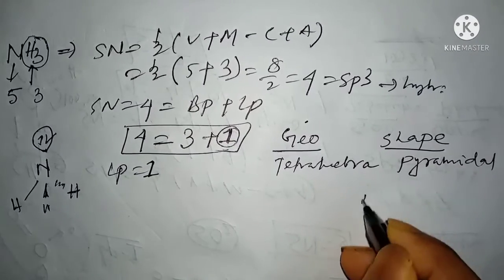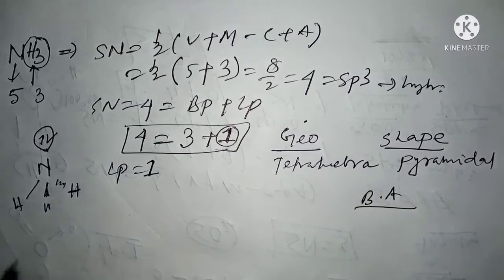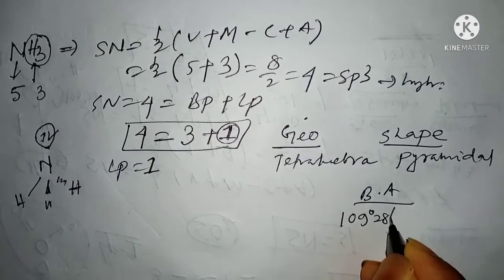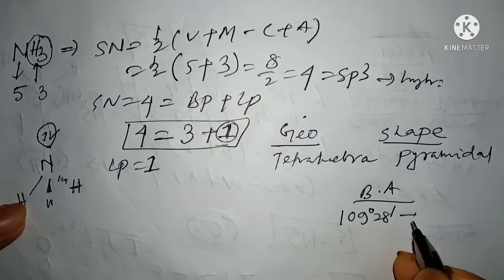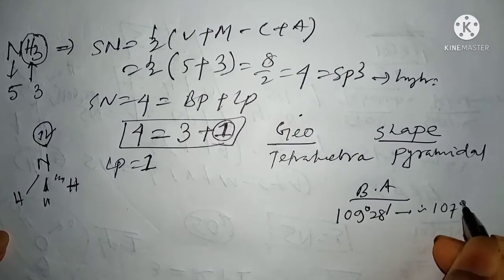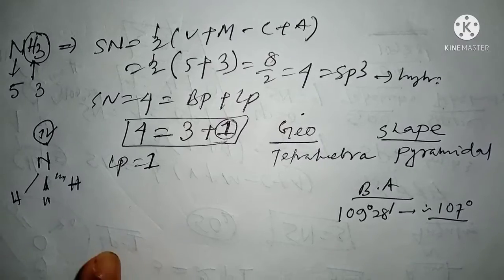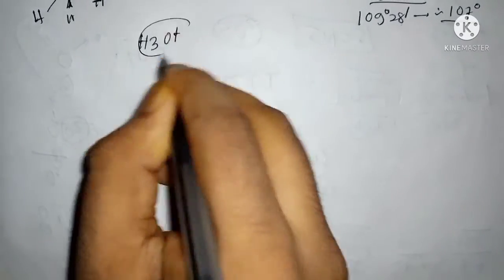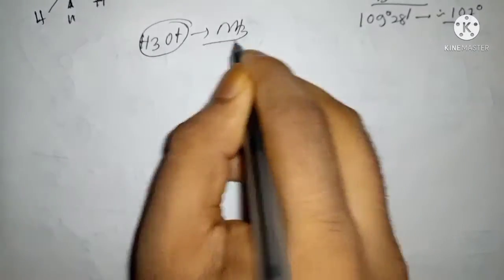In the tetrahedral case the bond angle is 109 degrees 28 minutes, but in ammonia, because of lone pair-bond pair interaction, it changes to nearly 107 degrees. Why does it change? Because of VSEPR theory. Next day I will discuss it. H3O plus is similar to NH3, so you will try H3O plus.